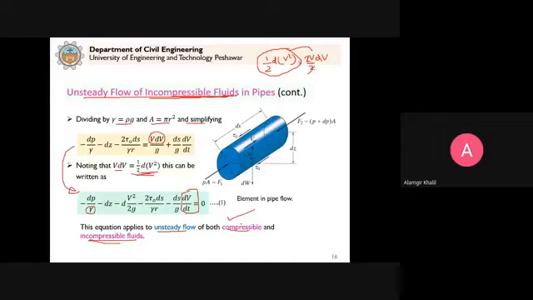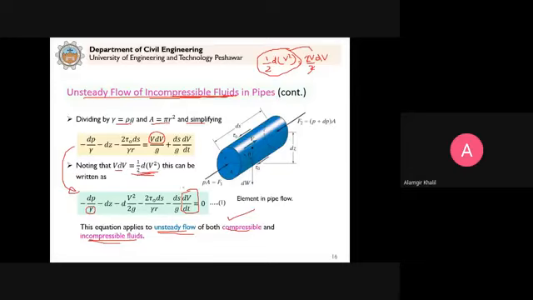Because compressible fluids, we are not very much interested in, as I said before. Maybe chemical engineering and mechanical engineering, they study steam turbines and thermodynamics, so they may be interested in compressible fluids. Mostly civil engineers are dealing with water. Water is treated as incompressible for practical purposes. So this is how we look at the question. Not only from the steady or unsteady point of view, we also think about compressible and incompressible.